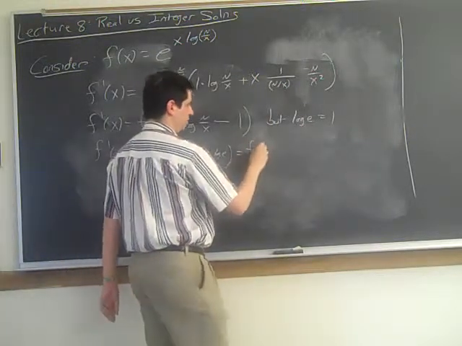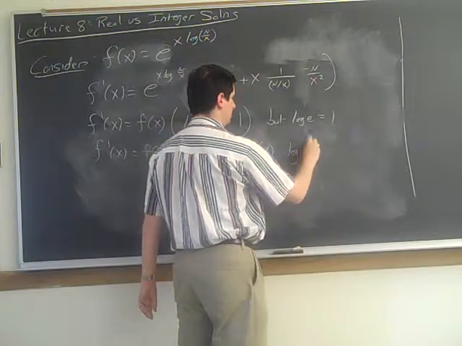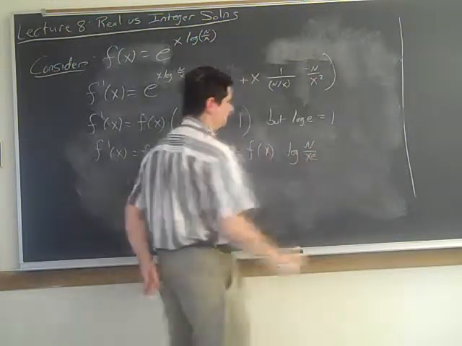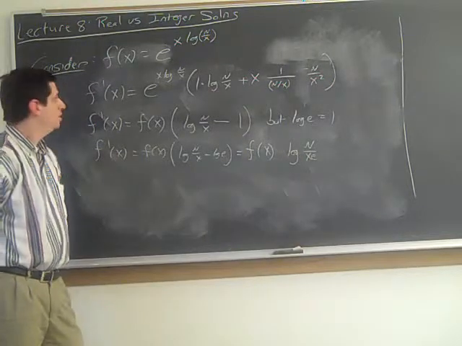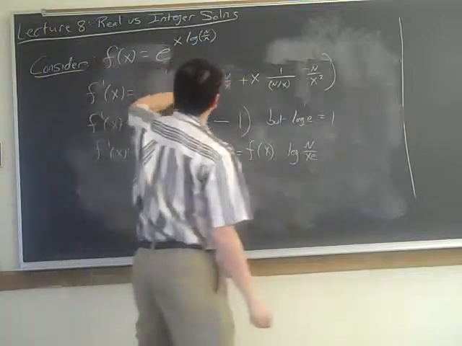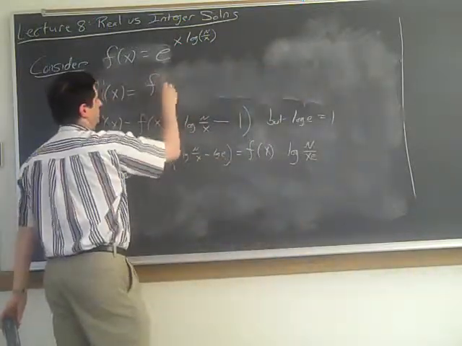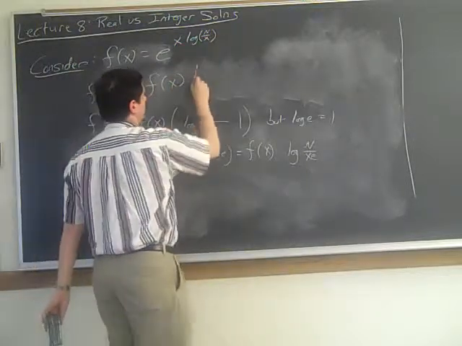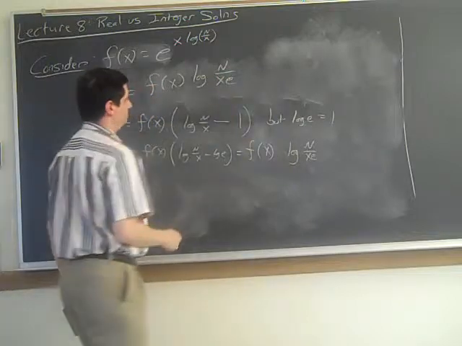Oh, but we like log laws, so that's just f of x times the log of n over xe. So I'm going to erase the algebra, and rewrite over here what f prime is. So f prime is f of x times the log of n divided by x over e.